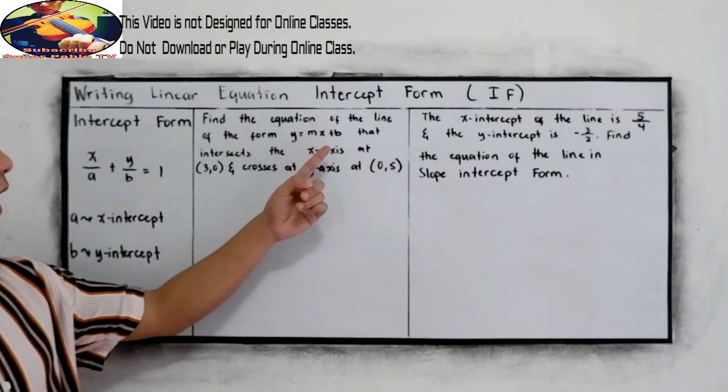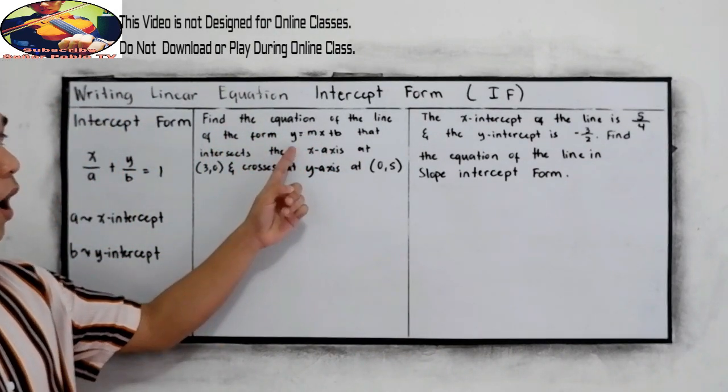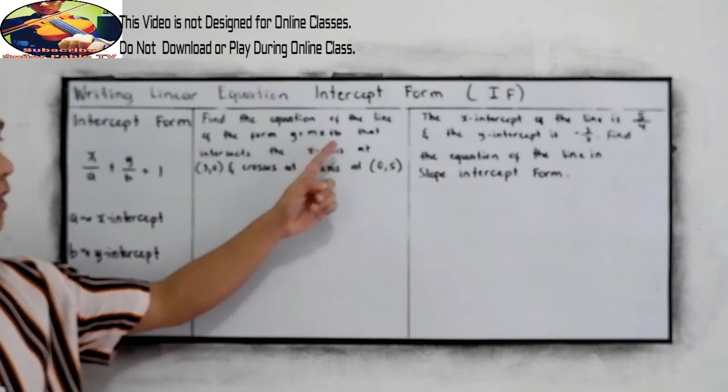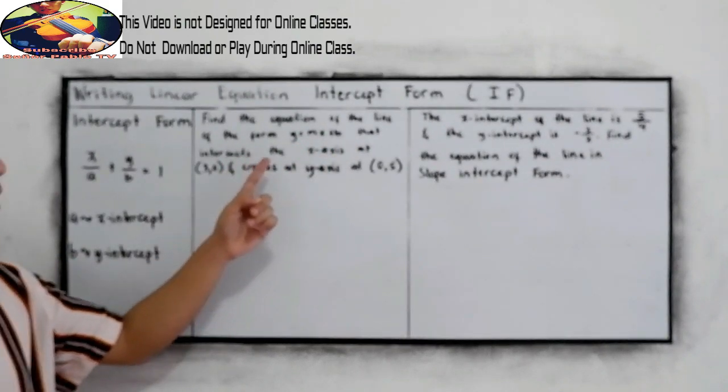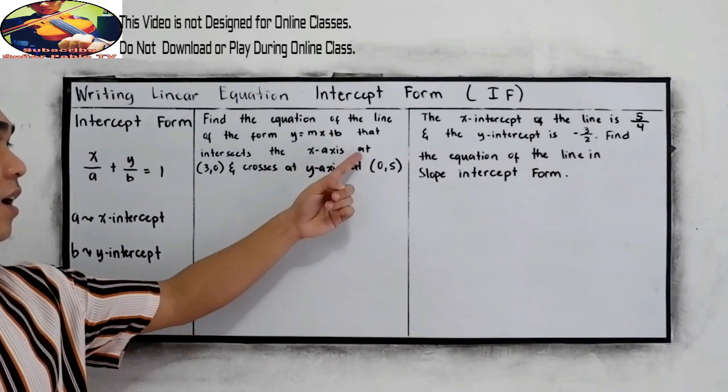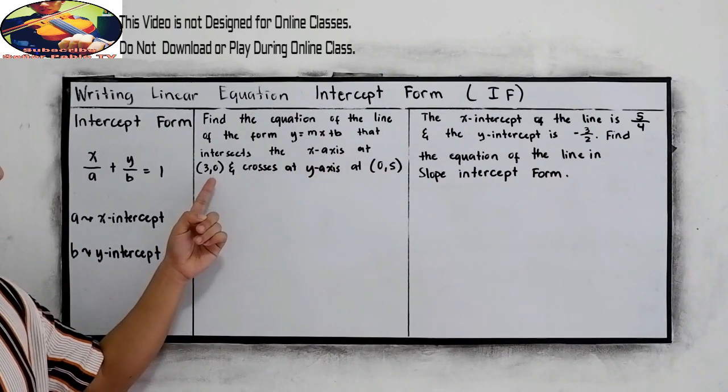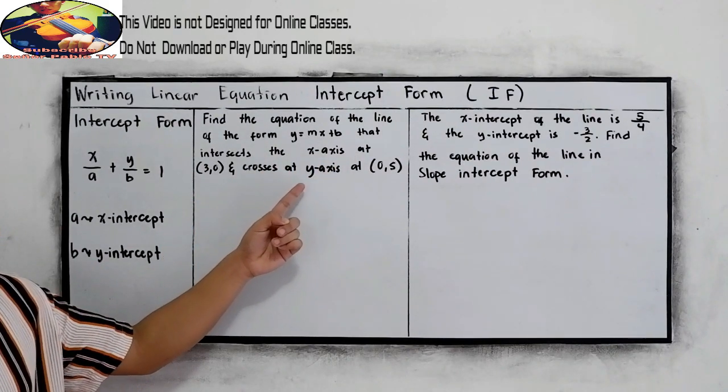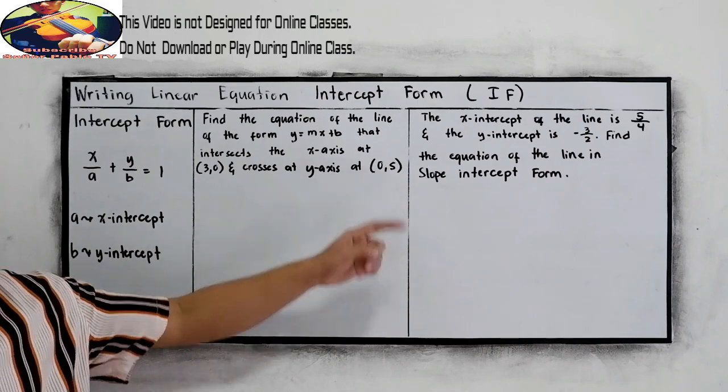find the equation of the line of the form y is equal to mx plus b that intersects the x-axis at (3, 0) and crosses the y-axis at (0, 5).